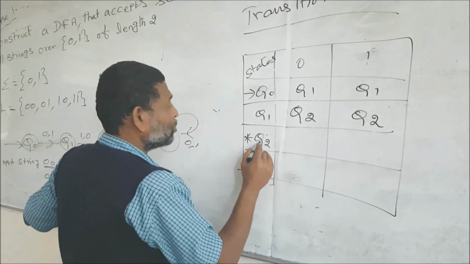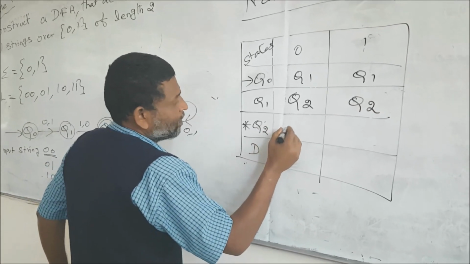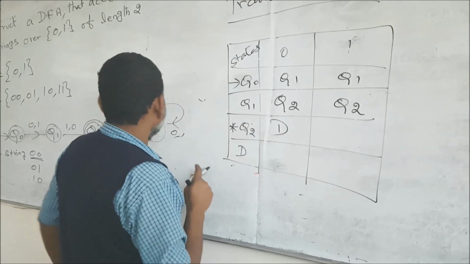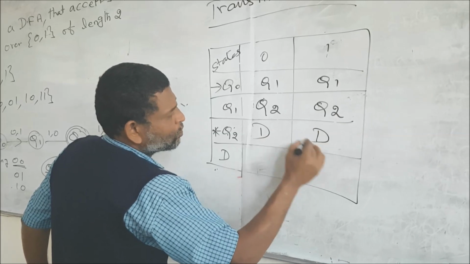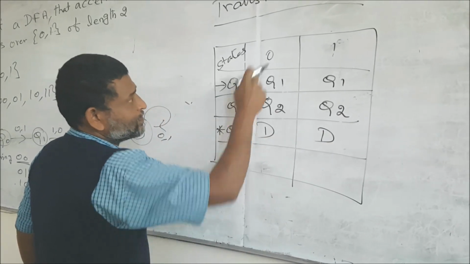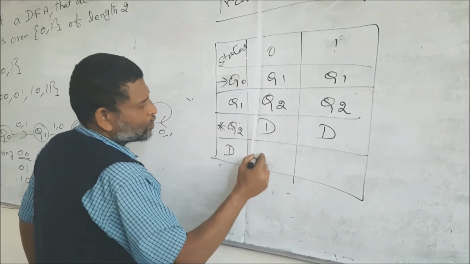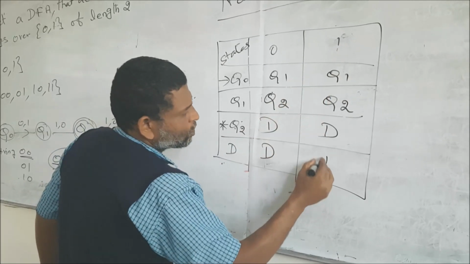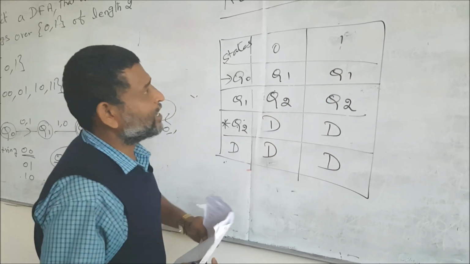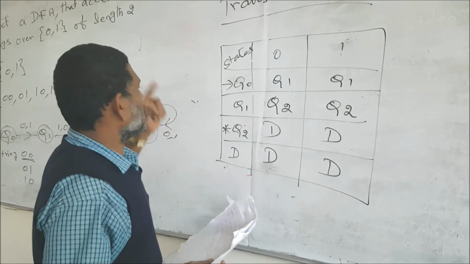From Q2, 0 is read and it reaches D. From Q2, 1 is read and it reaches D. From D, 0 is read and it reaches D itself. From D, 1 is read and it reaches D. This is the transition table for this DFA.